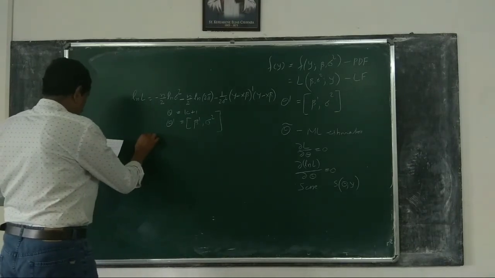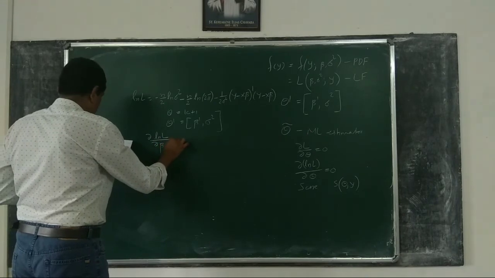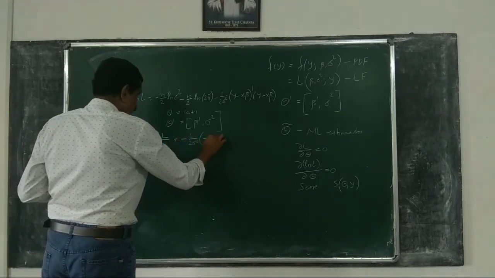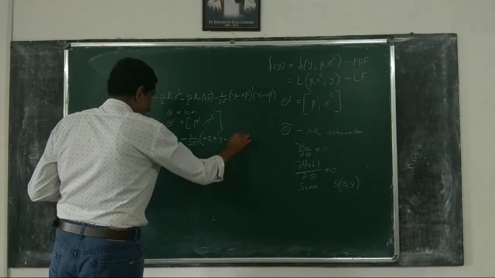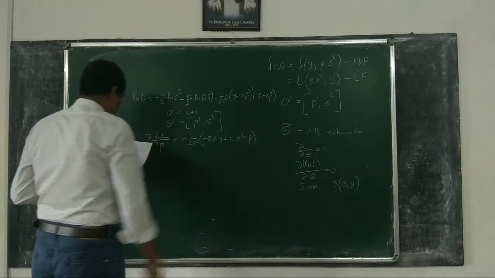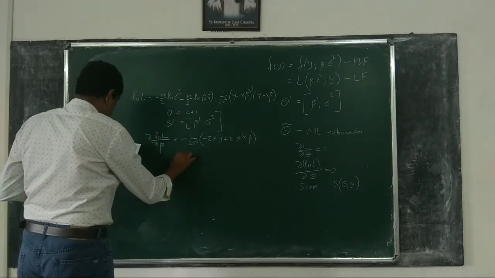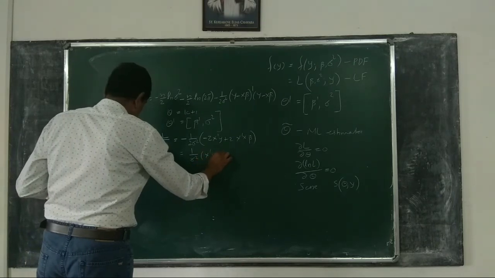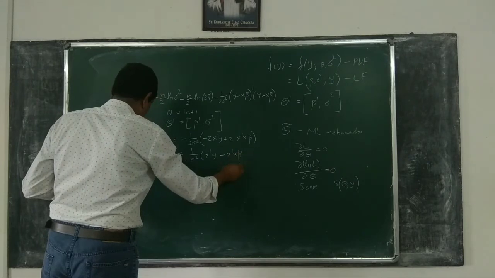Now, dou ln L by dou beta is equal to minus 1 by 2 sigma square times (minus 2 x transpose y plus 2 x transpose x beta). Remember, we have this result earlier. It is equal to 1 by sigma square (x transpose y minus x transpose x beta).